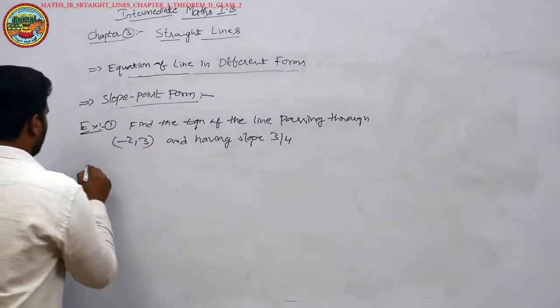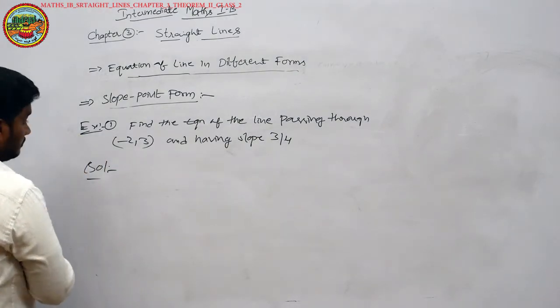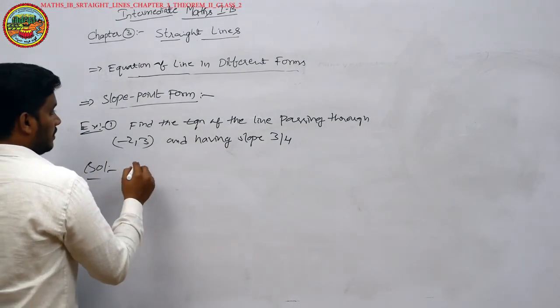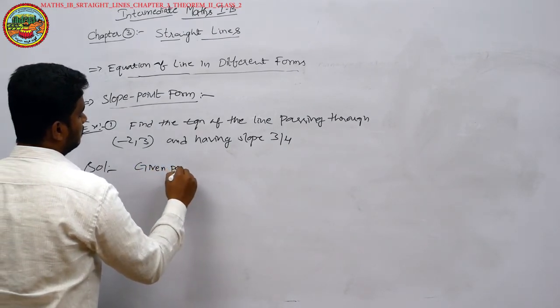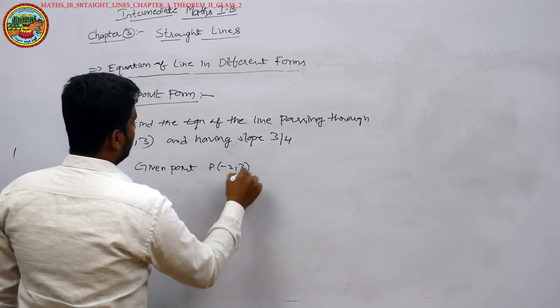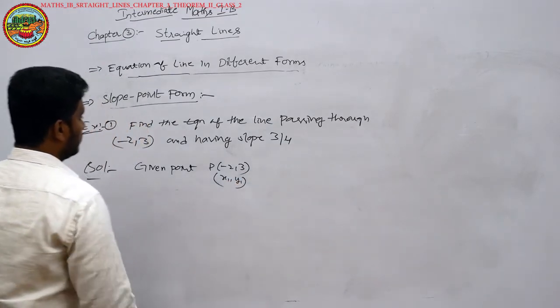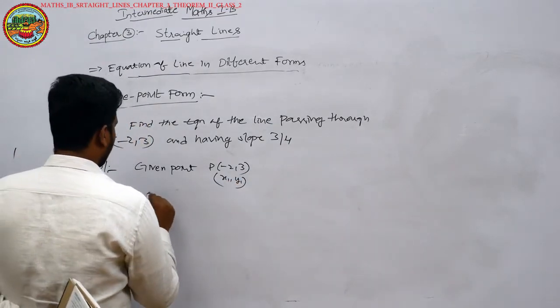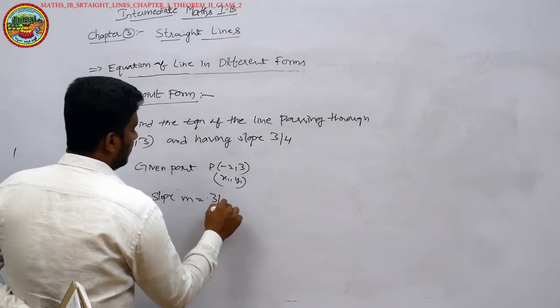Solution: the given point P is (minus 2, 3), which is x1, y1. The given slope m is equal to 3 by 4.